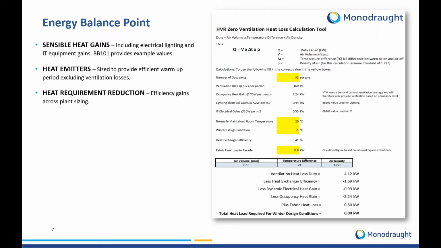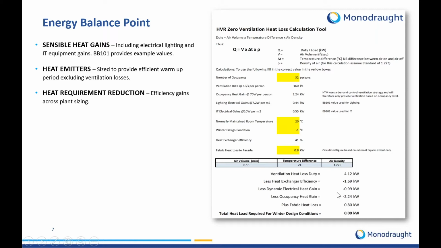But if we carry on with that heat loss calculation, if we were to include the sensible heat gains in the spaces and look to incorporate a heat exchanger, what level of efficiency do we need to get to? Bearing in mind the temperatures we're recording from our systems and the use of future weather files, what we were starting to look at now is a -1 wintertime design condition, having a heat exchange efficiency of 41% and ending up at a wintertime design condition balance point of 0.